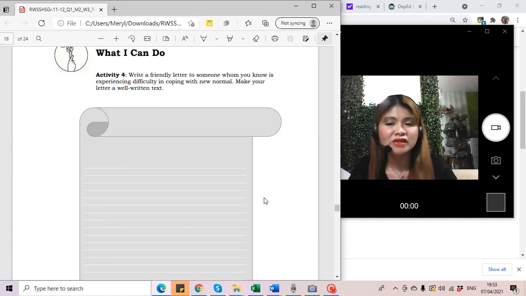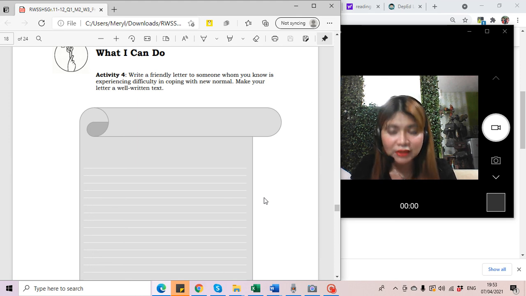So what do you think is the purpose of this friend letter? When someone is experiencing difficulty in coping with new normal, and it's friendly, it should be comforting. Okay? You can have the purpose as lifting up the spirit of your friend. Okay?